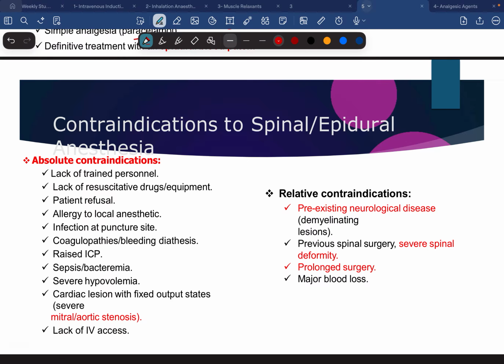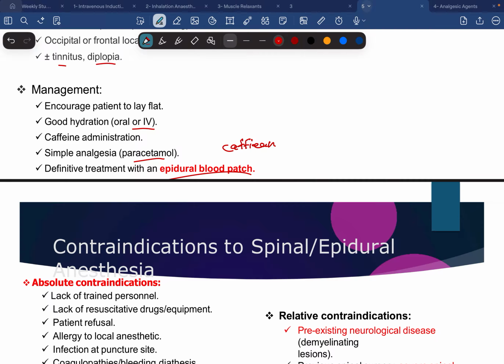It's a fully sterile procedure. It's rarely needed, but if it happens, it should be done by the most senior anesthetist in the organization, because there's still a risk of another dural tap. We go into the same place, or a level higher or lower than the epidural, with another epidural needle. We take some blood from the patient and inject it in their back.